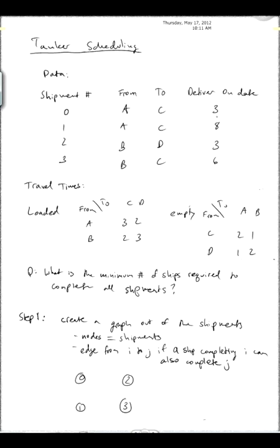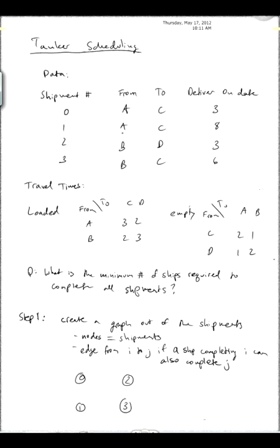A ship completing shipment 0 is going to be in port C on day 3, and it's going to be empty. Then, to complete shipment 1, it has to travel from port C to port A empty. So that's going to take 2 days. So that means it's going to be in port A on day 5.